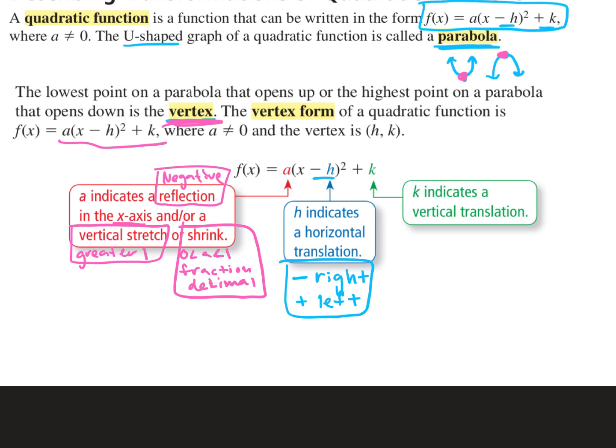The number on the outside indicates a vertical translation. If we add something, we're going up, and if we subtract something, we are going down. So these are all our different types of transformations: a reflection, stretch, shrink, left, right, up, or down.